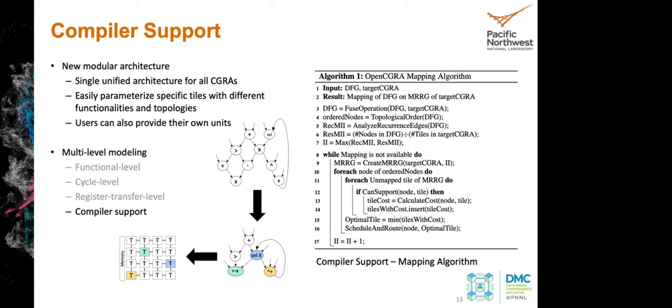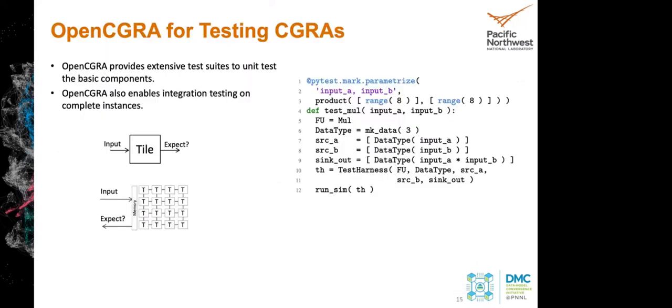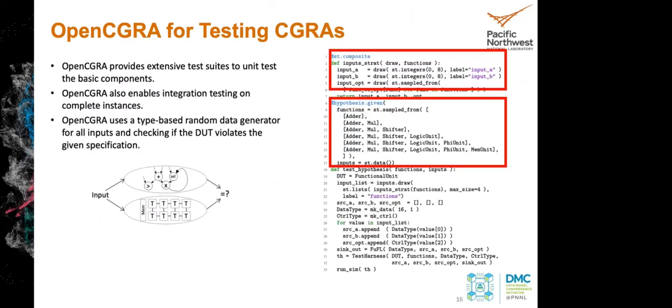For testing, OpenCGRE extensively applied unit testing and integration testing. As the figure shows, users need to specify the expected output for each input set. Moreover, property-based random testing is achieved by leveraging the open-source Python-based Hypothesis framework, which helps you to automatically and randomly shrink your design until the bug is found in a minimum design complexity.